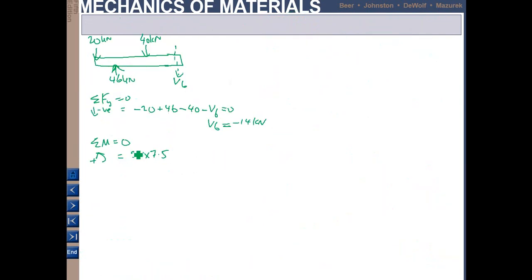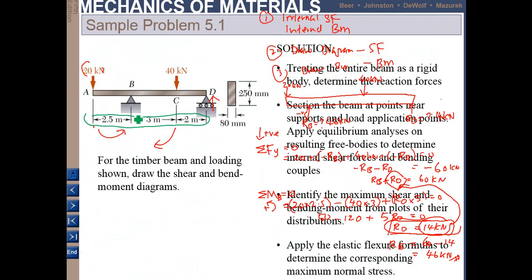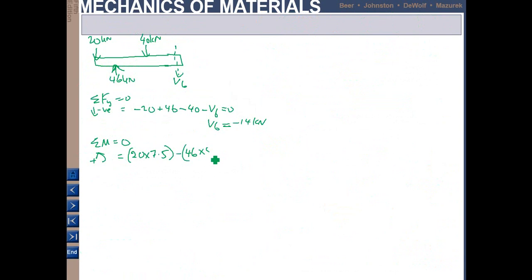So that's why 20 times 7.5, and then minus 46 times 5, because it is 3 plus 2, and then 40 is positive because it will go in this direction, so 40 times 2, and then plus V6 times 0, and then plus M6 equal to 0.